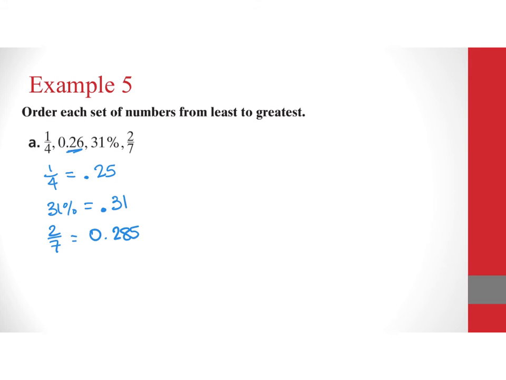So if I include the 0.26 with these other three numbers, I can see that we have 0.25, 0.26, 0.285, and 0.31. So to order these from least to greatest in the original form that they were given, this is going to be 1/4, 0.26, 2/7, and 31%.